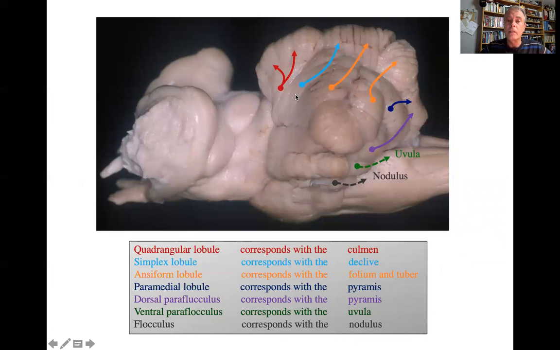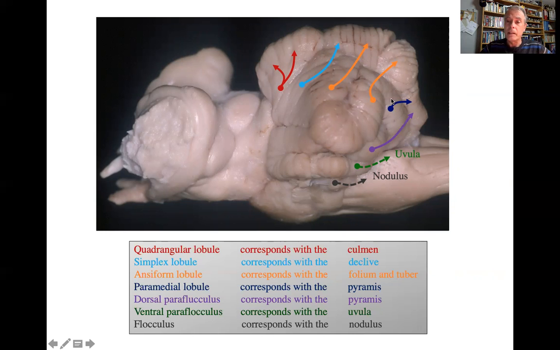These parts of the cerebellar hemisphere are related to the parts of the vermis of the cerebellum. So the quadrangular lobule is related to the culmen. The simplex lobule is related with the declive. The rostral and caudal crus of the ansiform lobule are related to the folium and tuber, respectively.